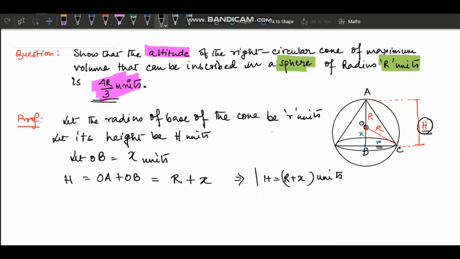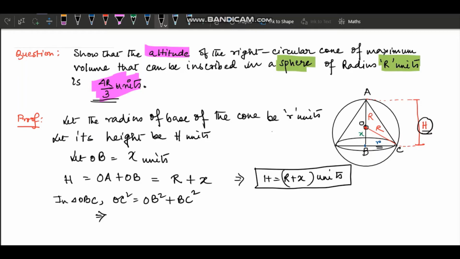Similarly, if we apply Pythagoras theorem in this triangle OBC, we can say that OC square should be equal to OB square plus BC square. This is very well known to us. This is from the Pythagoras theorem. So what is OC?